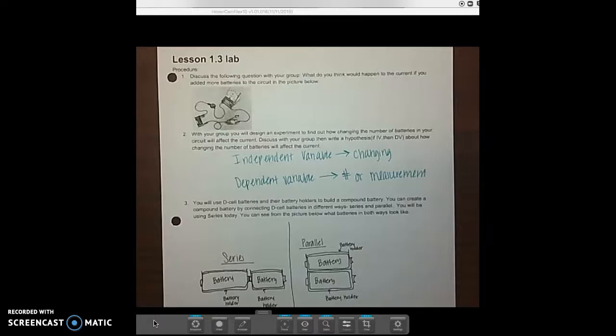So if we increase the number of batteries, then what do you think is going to happen? So then the current will increase, or then the current will decrease. Because remember, we're doing this in current because we're measuring it in amps. So we're talking about current.